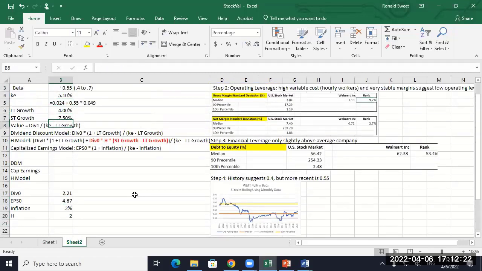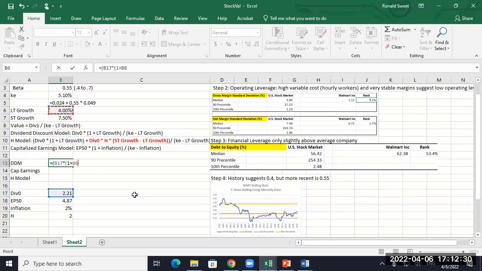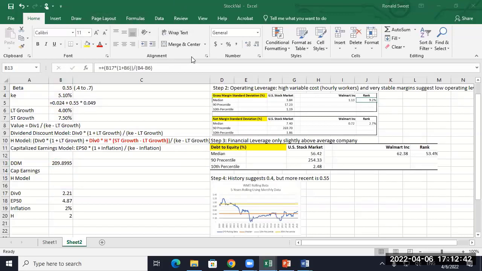But anyway, so we'll do the dividend discount model. So you take dividend 0 times 1 plus long-term growth divided by your KE minus long-term growth. And we get a number, I can't find it, 209.90.